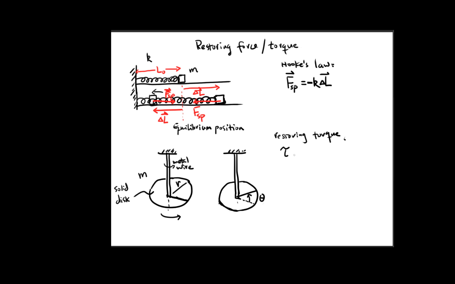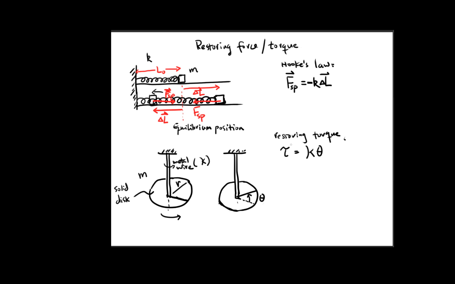And it's given by negative kappa, which again, just like K in the spring constant case, is a constant determined by this metal wire's material. If you have a different metal wire, then there will be a different kappa for such a twist, multiplied by theta here. So it's also a linear relation.